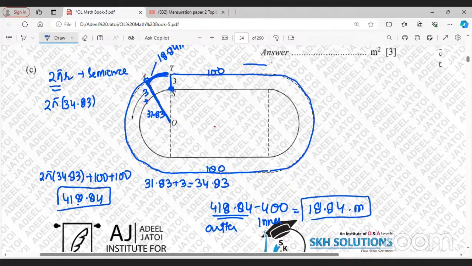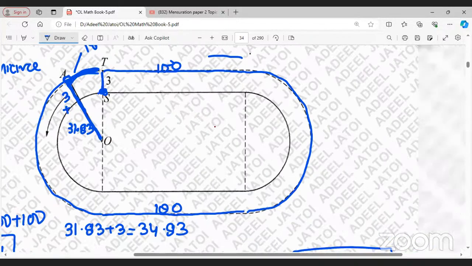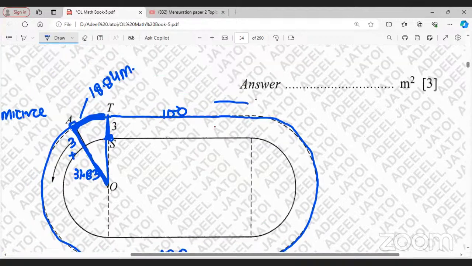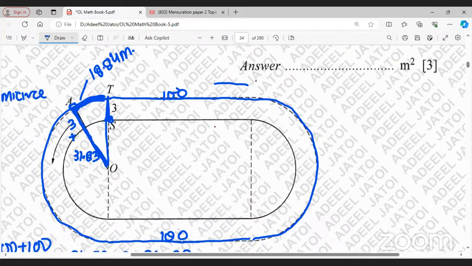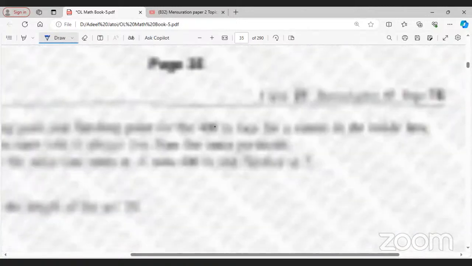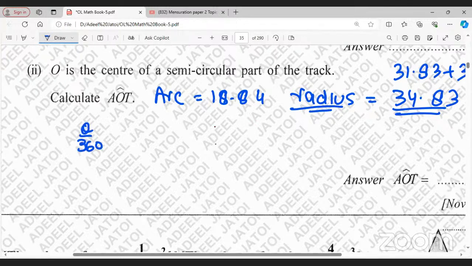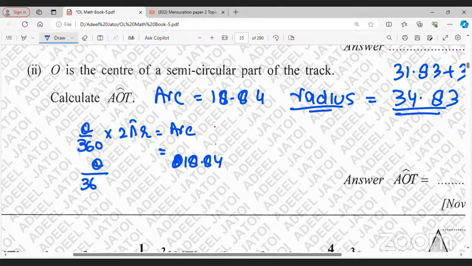If we have this sector, and we know this arc as 18.84, and we know the radius as well, which is 34.83, we'll be using the arc formula, theta upon 360 into 2 pi r, which will give me the arc. We already know the arc is 18.84. We do not know the angle, but now we know the radius, that is 34.83.